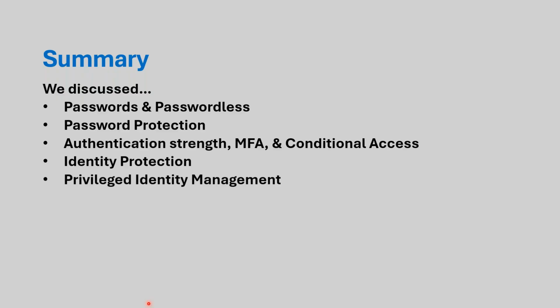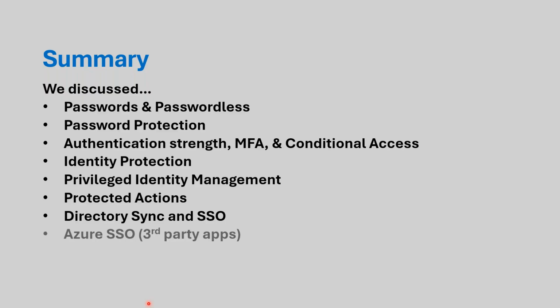Privileged identity management, where you elevate your account to administrator level only when you need it, and then it goes away again, so the account is not at risk. The ramifications of a compromise are not as great because the account is not always elevated. Protected actions, I just mentioned that earlier on conditional access. We talked about how directory synchronization and SSO can help you with security of your IDs, especially as you move outside of your Entra ID world.